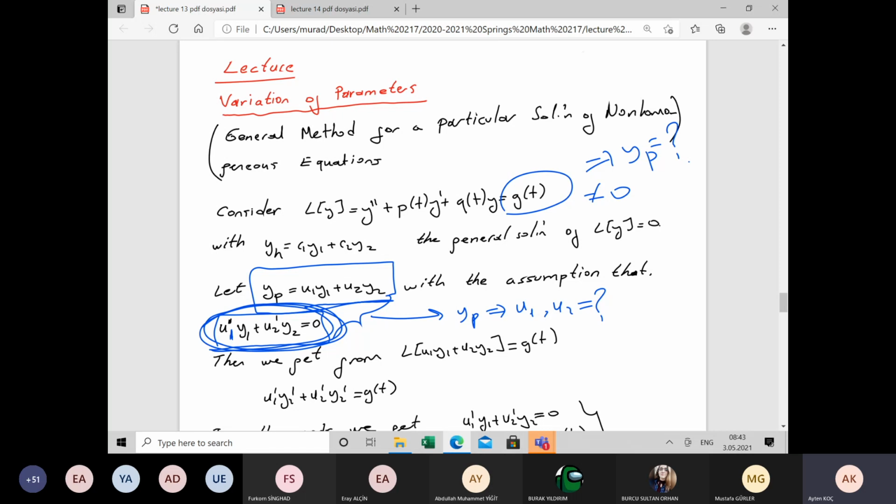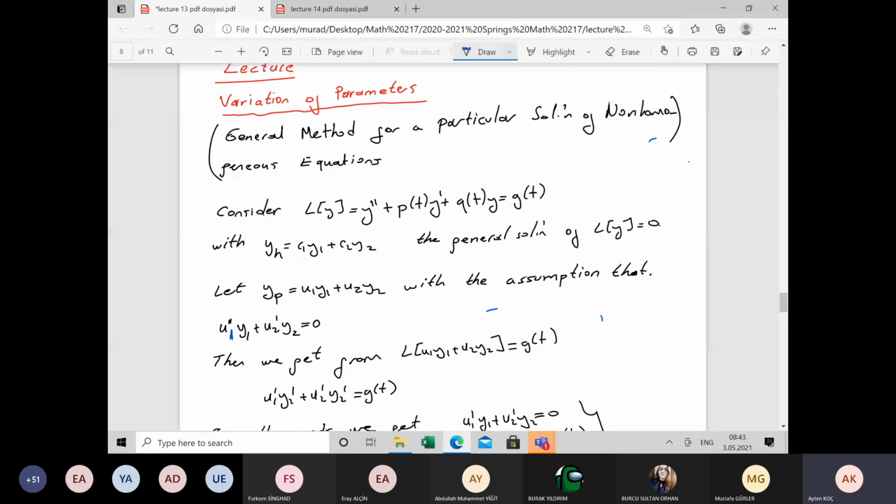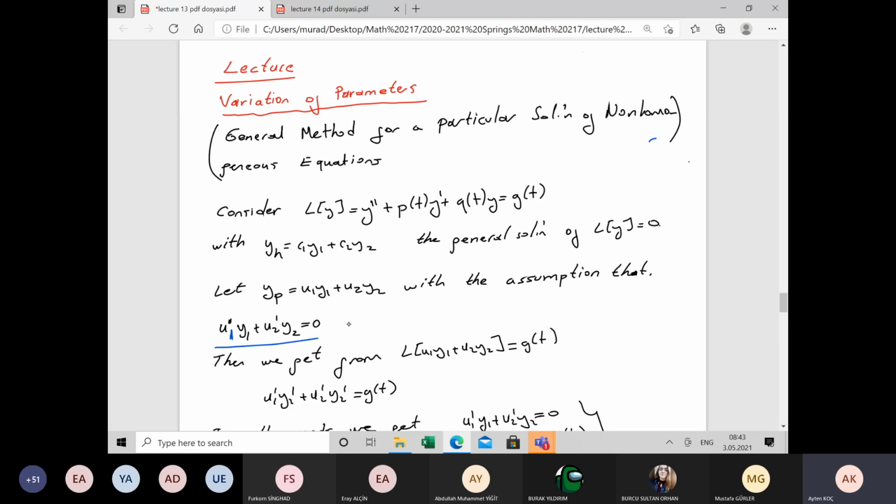How to find u1 and u2 here? We have two unknowns, so to find the two unknowns, if we have two equations, we can obtain them. Here one equation is okay.